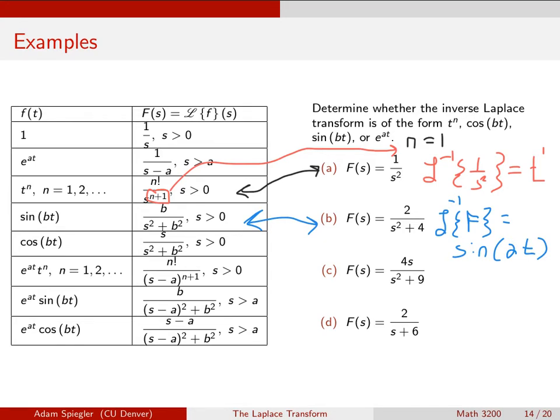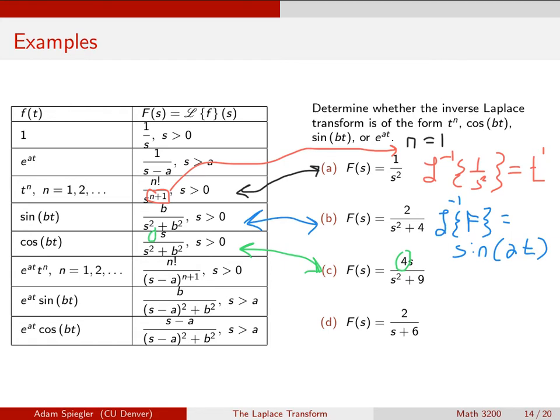In part C, we don't line up perfectly with, say, the cosine, but it's pretty close. The problem here is that I don't have a 4 that I should have over here.